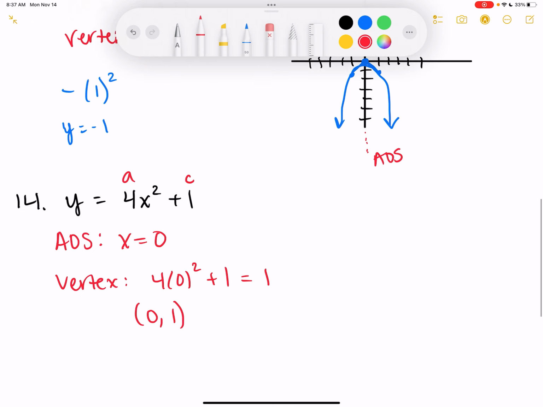So I'm going to set up my graph. And is this one opening up or down? It's going to open up, so my axis of symmetry, since it's at x equals 0, we're just going to extend again.